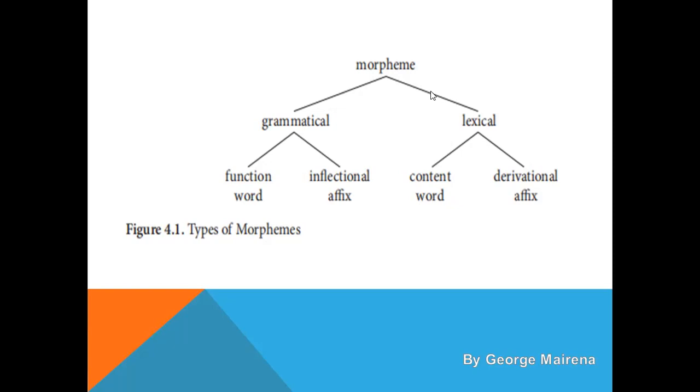For example, if we have the verb come, how many morphemes do you think that this word has? Just one, right? But if you apply the third person and you say comes, we have two morphemes. The first one, come, and the second one, the letter S, the third person singular, okay?